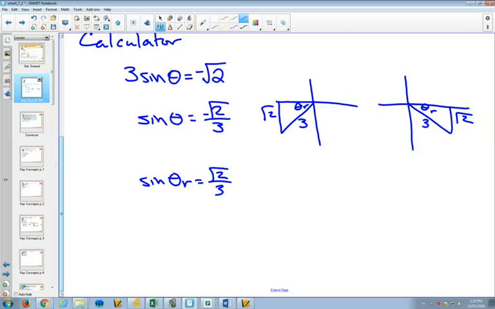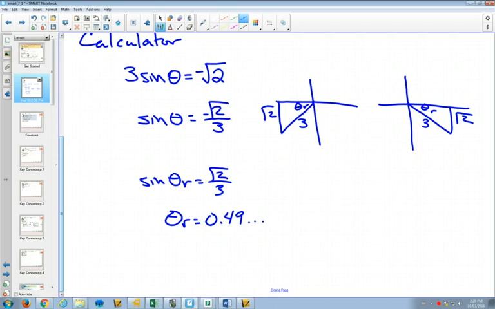And so now I can go to my calculator and do sine inverse of square root of 2 divided by 3, and I get a reference angle of 0.49... I'll just put dot, dot, dot, because we won't want to round our answers until the very end.